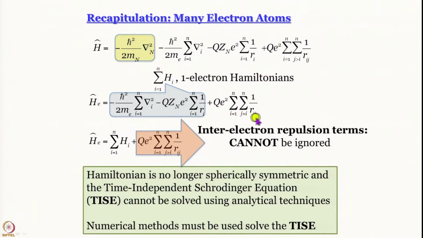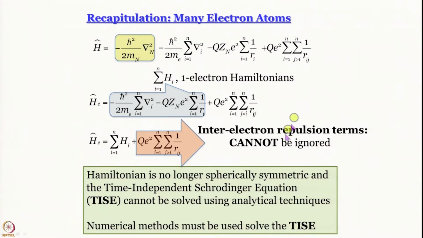We are taking pairwise repulsions here. There are n number of electrons, so each will repel the other. So, the number of combinations of 2 that we could take is NC2.